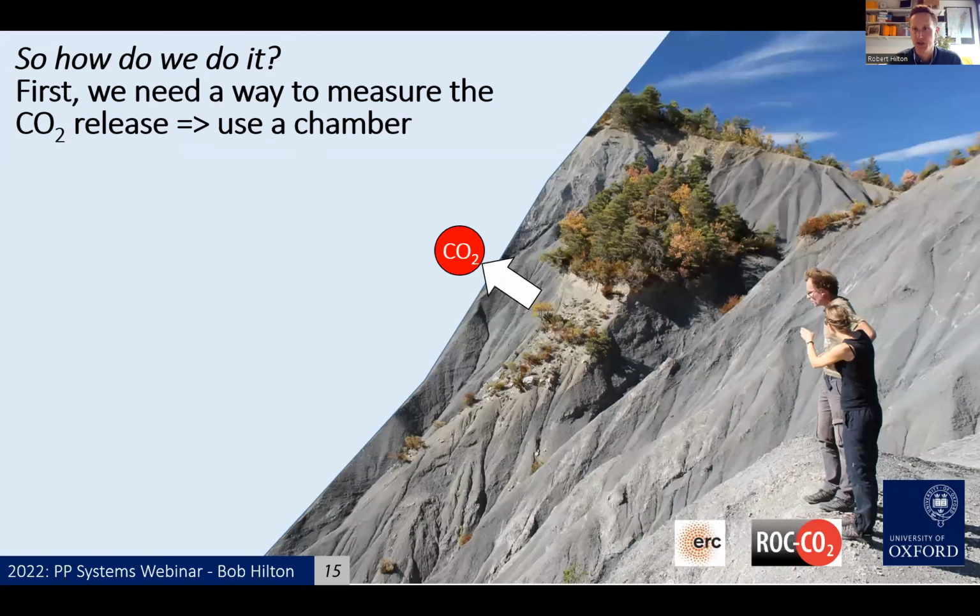So here's our CO2 being produced. If you imagine that line I've put across the image being a surface, how could our chamber look? Well, our chamber could be on top of the surface. So here, imagine a box placed on top of the surface. In soil respiration studies, for example, if you're looking at surface soil litter, you can have a chamber that will sit on top of your soil.